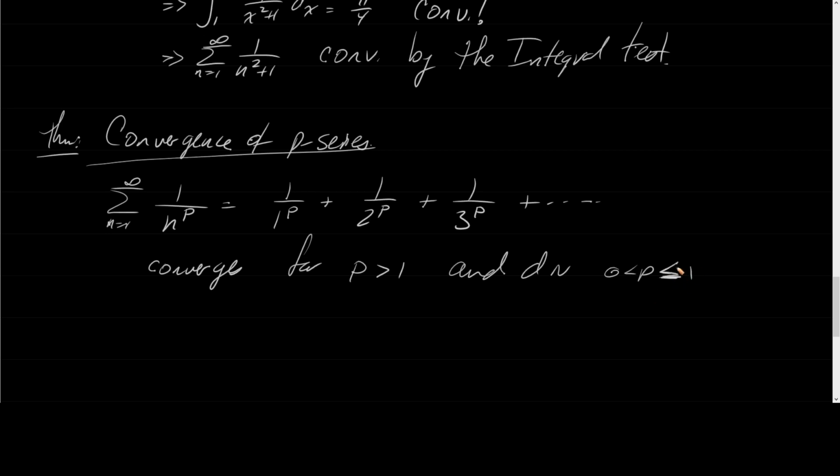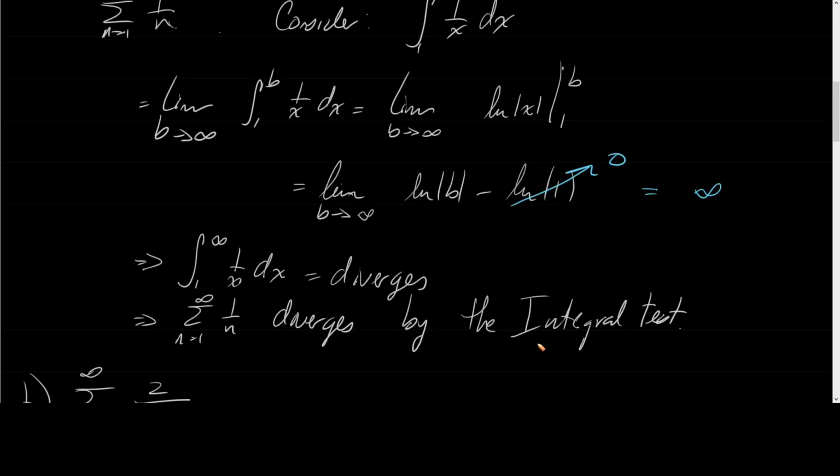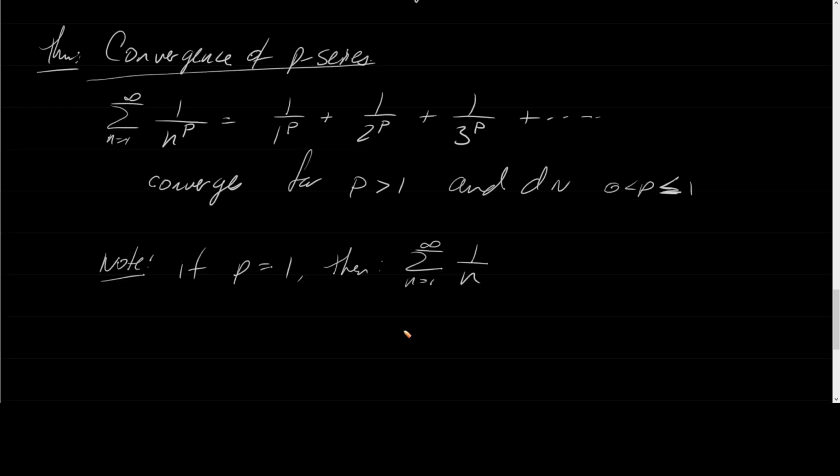And I'll make a note here. If p is equal to 1, then we get the series from n equals 1 to infinity of 1 over n. And if you recall from example A, that diverged. So that diverges.